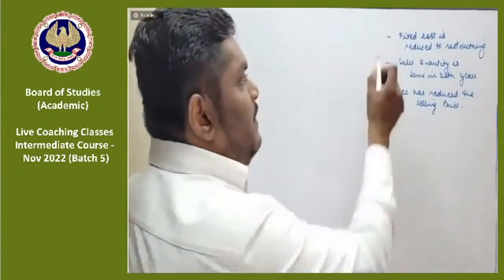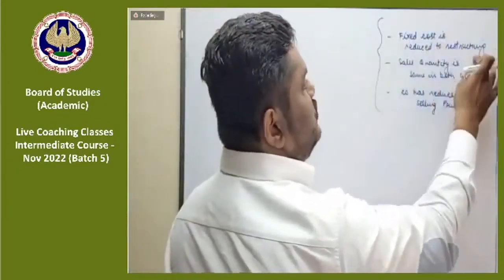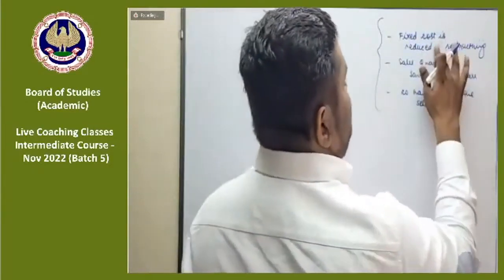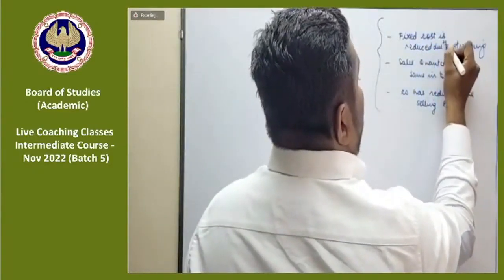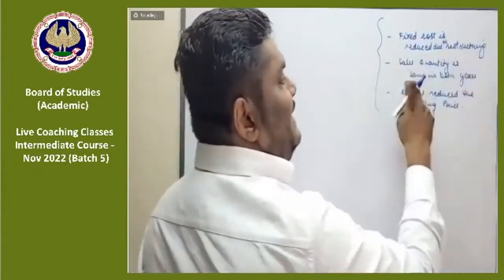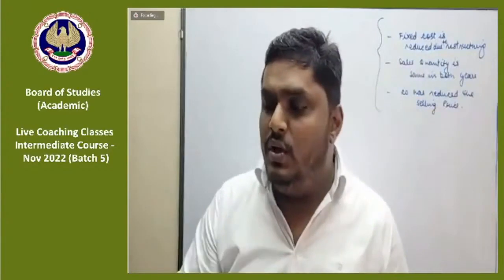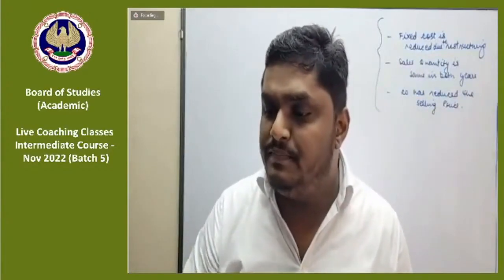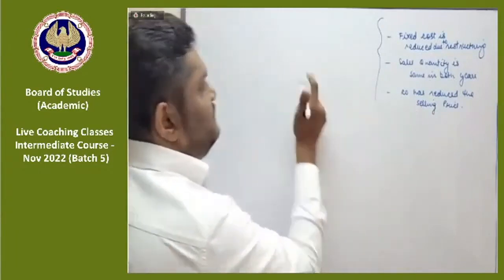So now, the extract of this question is that fixed cost is reduced due to restructuring. Sales quantity is same in both the years and company has reduced the selling price. So now let's solve the question. Let's start with 1920 first.